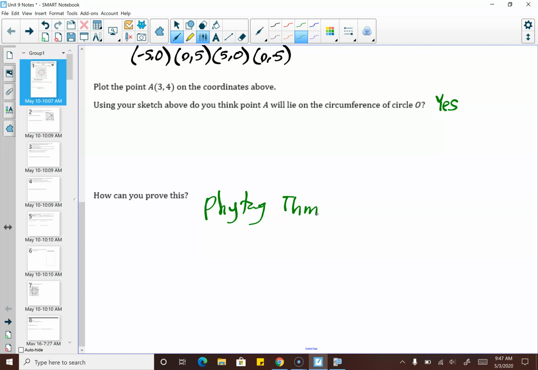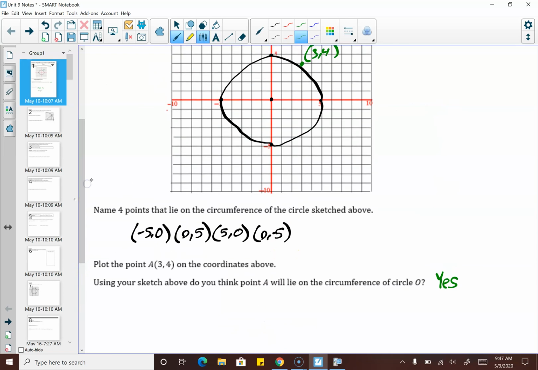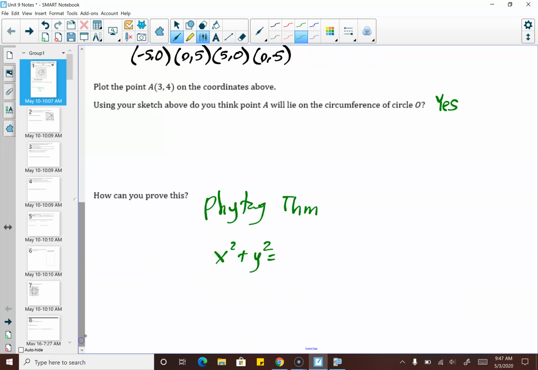All right, so if that point 3, 4 were to be on the circle, then we should be able to do x squared plus y squared equals, and then if you think about it, this really makes a right triangle here with our x, our y, and then what's going to represent our hypotenuse? Our radius. All right, so it should be equals r squared.